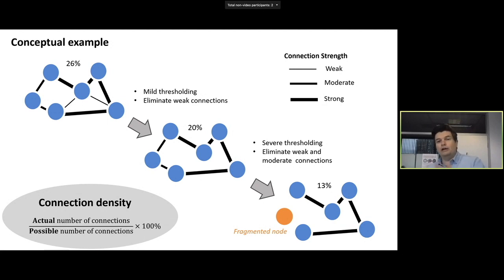And then we can go one step further and also eliminate not only the weak connections, but also the moderate ones. And this further reduces the connection density down to 30% in this example. But note here that one of the nodes becomes fragmented from the network. And this can happen if we threshold too severely. And this fragmented node can be problematic for some graph analyses.